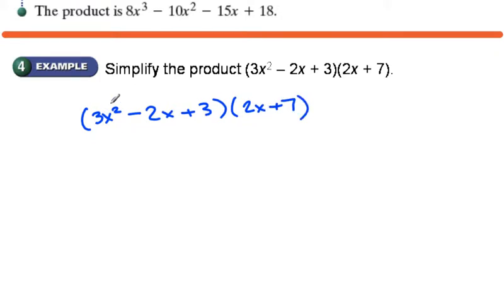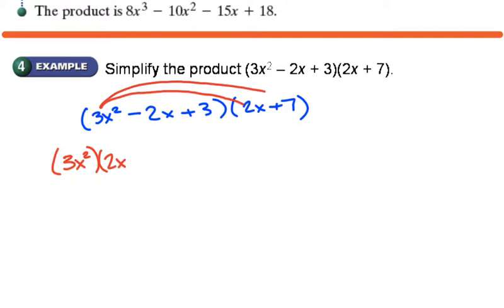Okay, so the first thing I want to do is distribute this 3x squared to the 2x. So that's going to be 3x squared times 2x, 3x squared times 7. Then we have negative 2x. Make sure you're treating that as negative 2x. Negative 2x times 2x.